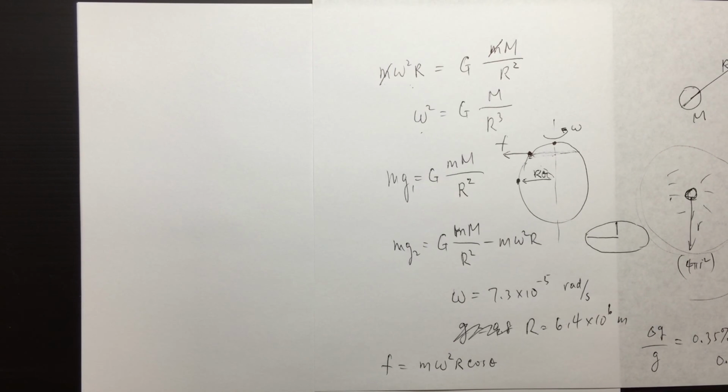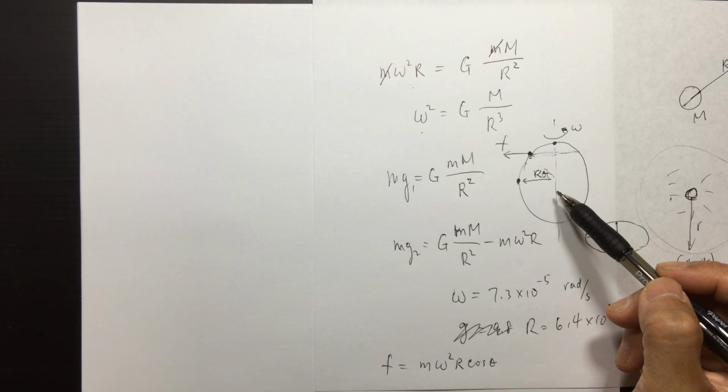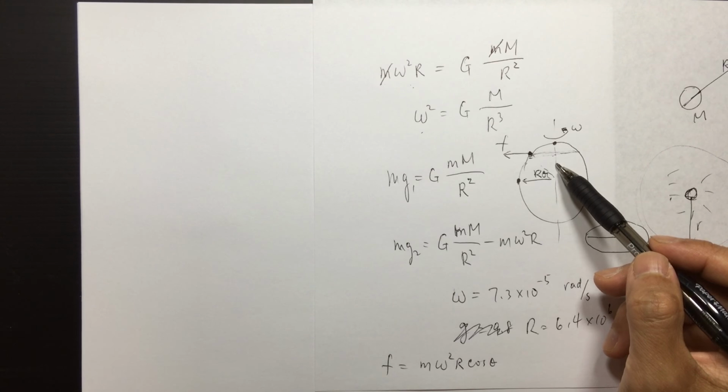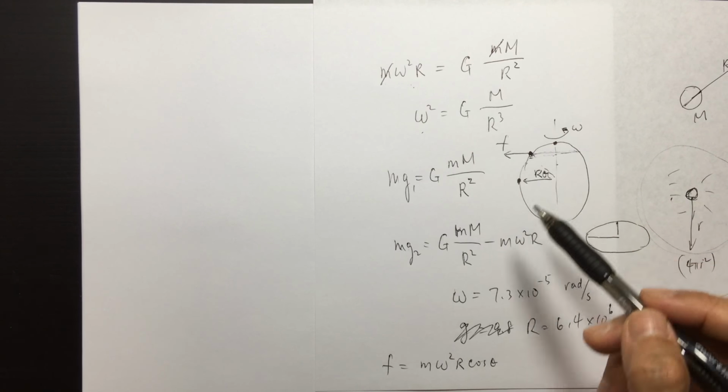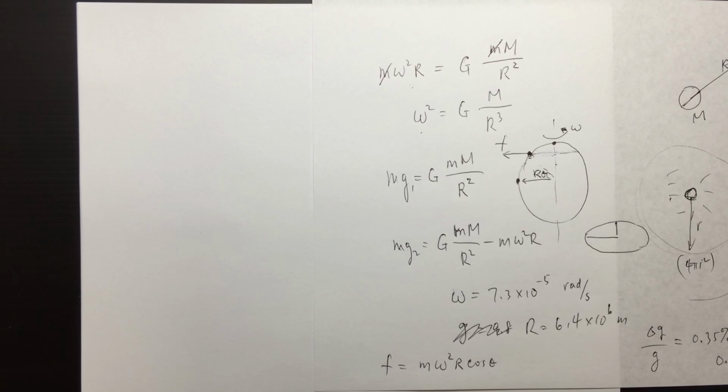So as theta goes to pi over 2, this becomes 0, so to speak. Makes sense, right?